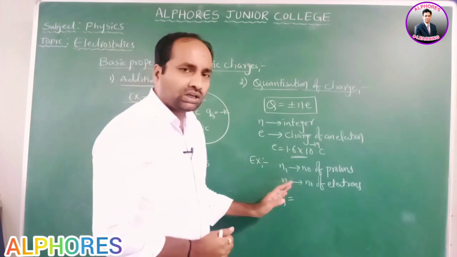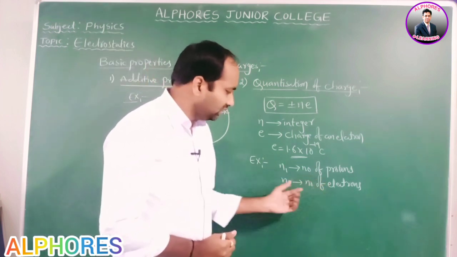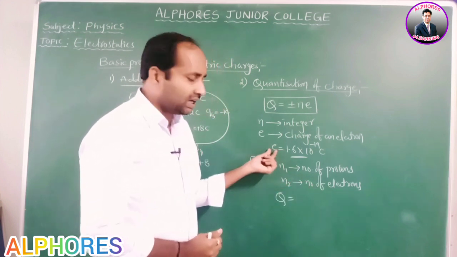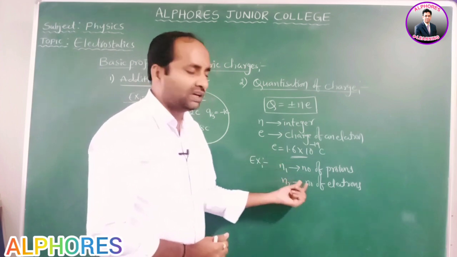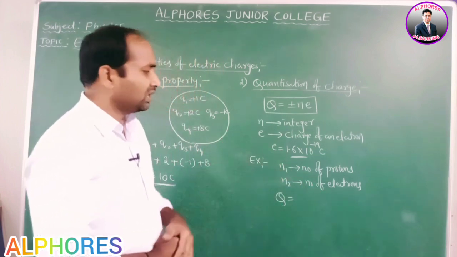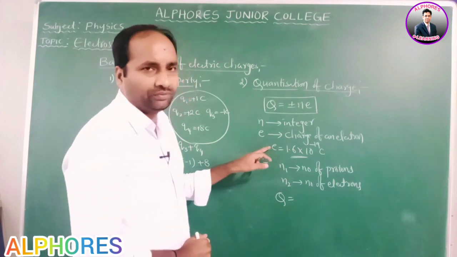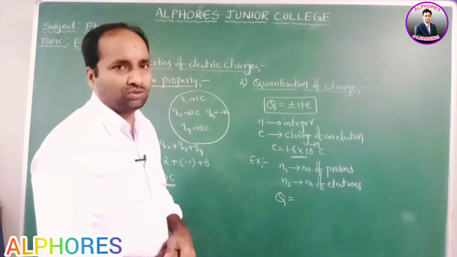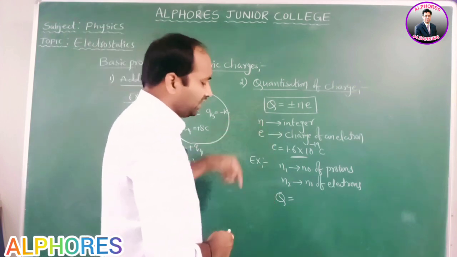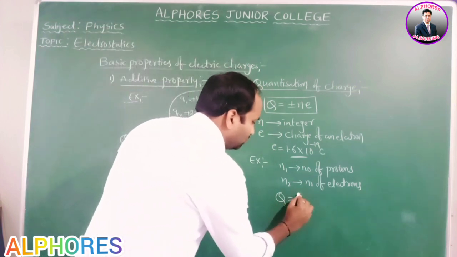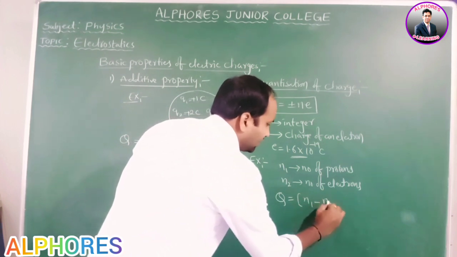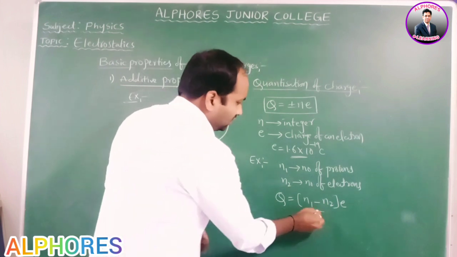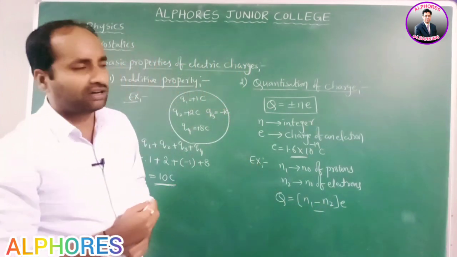Coming to the total charge of the electrons, the charge of a single electron is e, and n2 electrons are there, so the total charge of the electrons becomes n2 e. n2 is the negative part, n1 is the positive part. So according to quantization of charge, we may write Q equals (n1 minus n2) times e. This is the second property, quantization of charge.